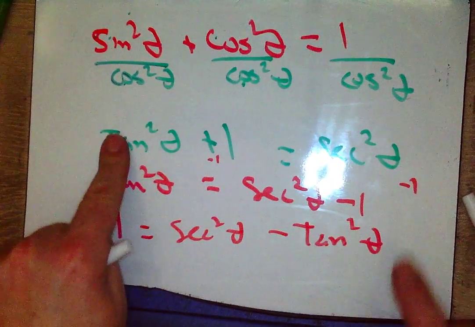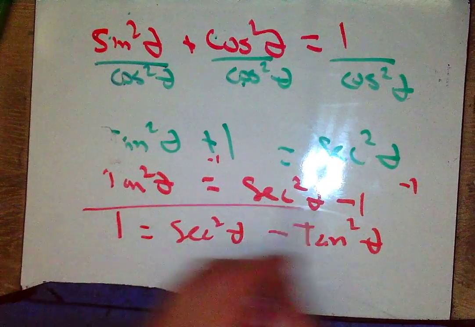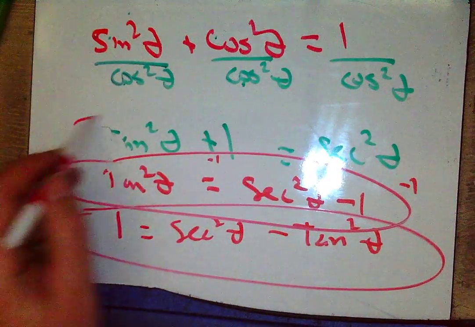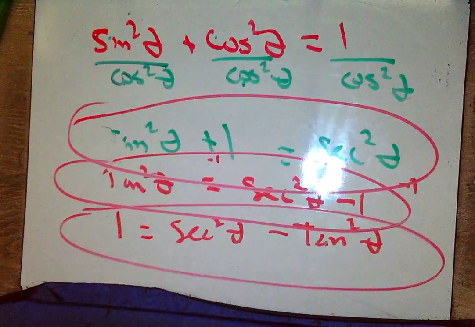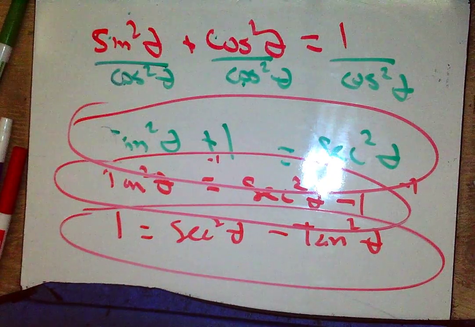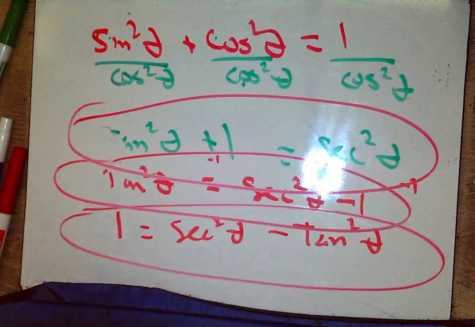If I subtract tangent squared from both sides of this equation, I get this. And you need to be able to recognize this, and you need to be able to recognize this, and you need to be able to recognize this. In fact, we've talked about 3 different Pythagorean identities, but also 6 more rewritten versions of them.